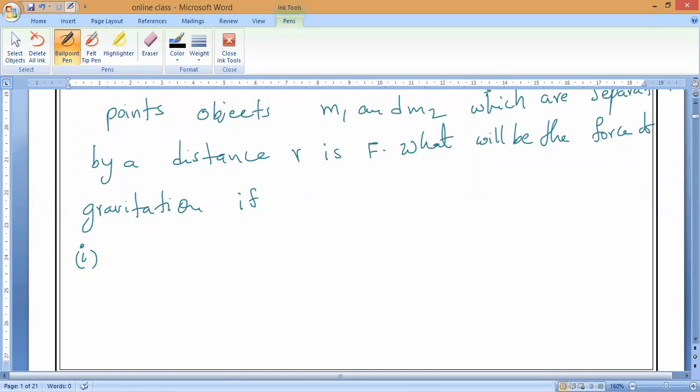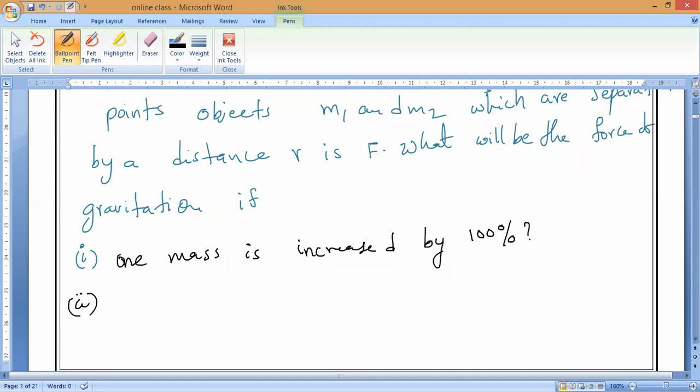Roman number 1: one mass is increased by 100%. Second one: each mass is tripled.